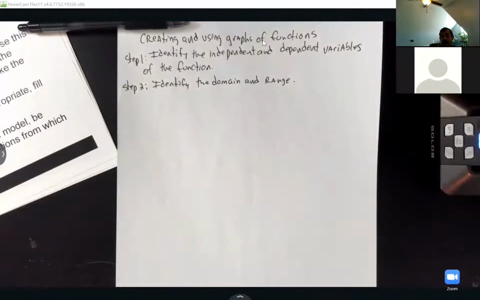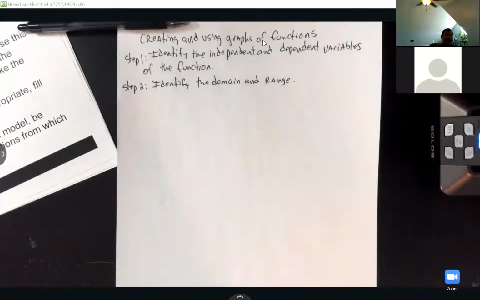And we did that. Remember, we said, well, for our domain, the amount of hours we work, we can't work less than 0 hours. So our domain started at 0. And then we said we could only work up to 40 hours. The company didn't allow for overtime. So my domain was from 0 to 40 hours.